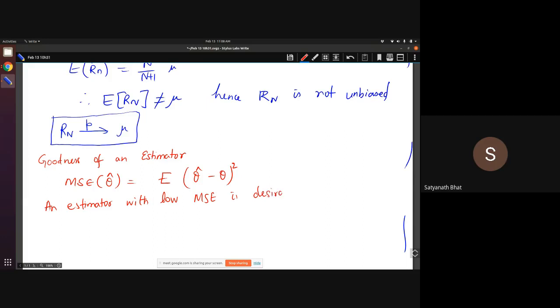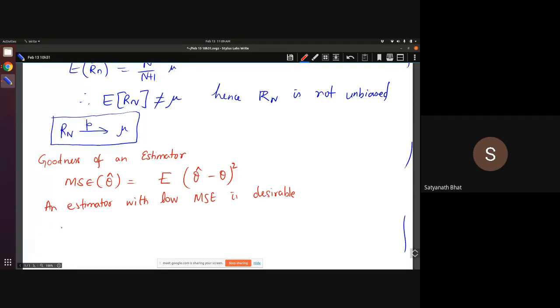You will see this again in learning theory, where you will have a mean square error of a hypothesis. We will see this later, but now in the context of an estimator, we define it as the difference theta hat minus theta, whole square. Let us prove a quick theorem.